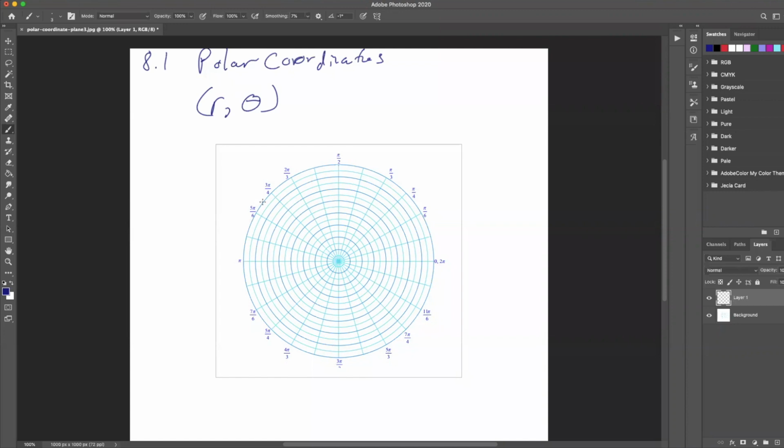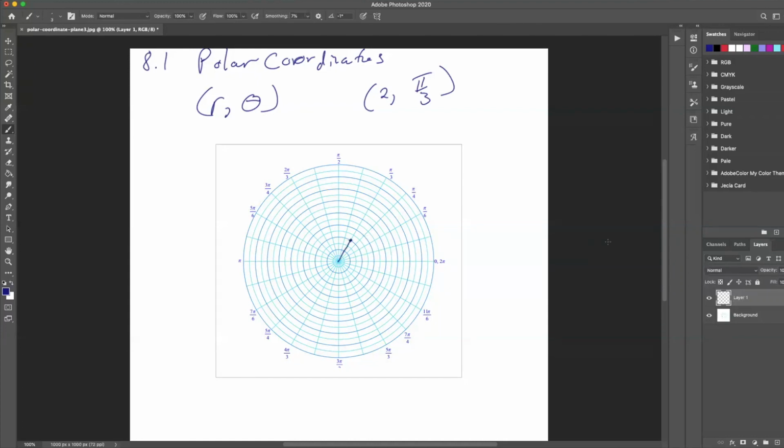If we're given the coordinates of 2 and pi over 3, you start here, go to pi over 3, and go 2 units: 1 unit, 2 units, and that's that.